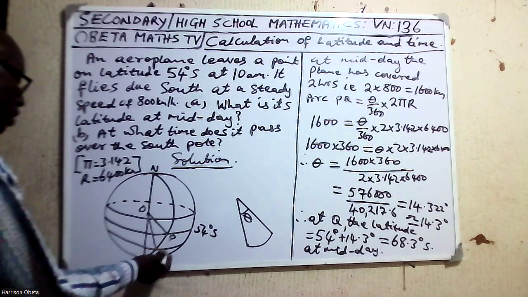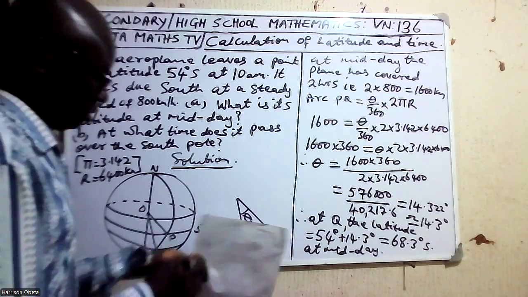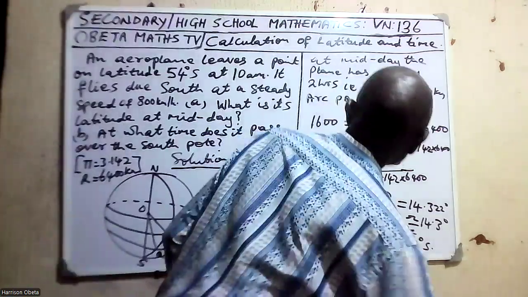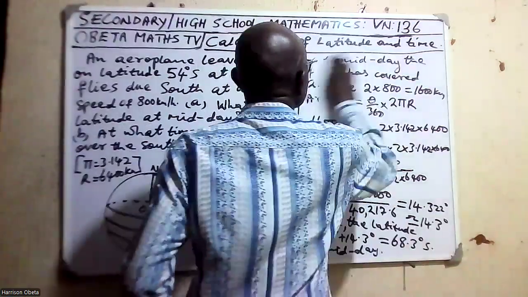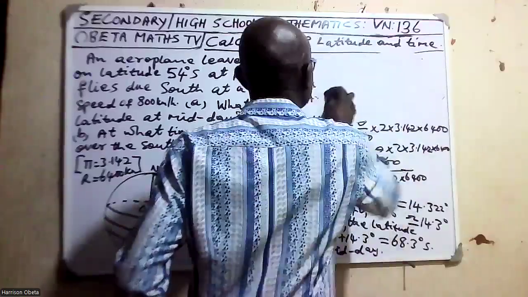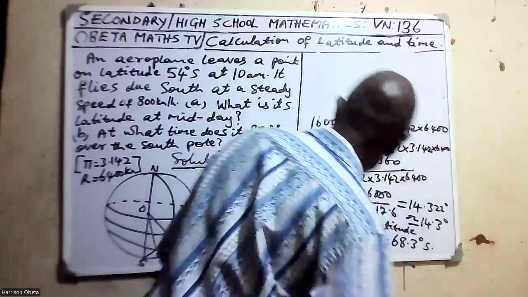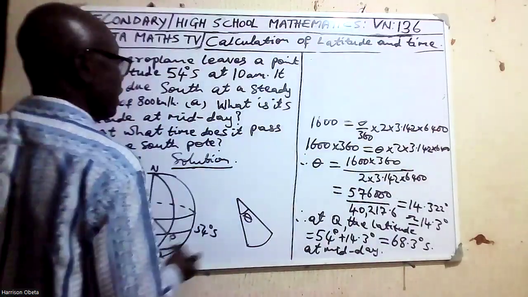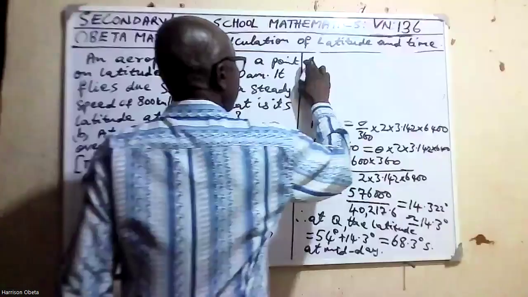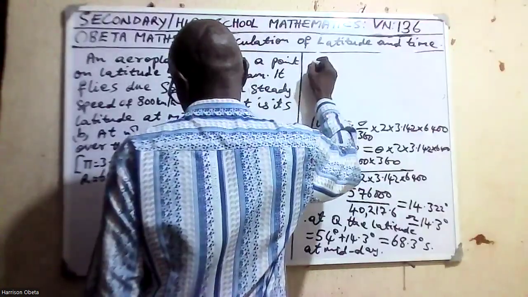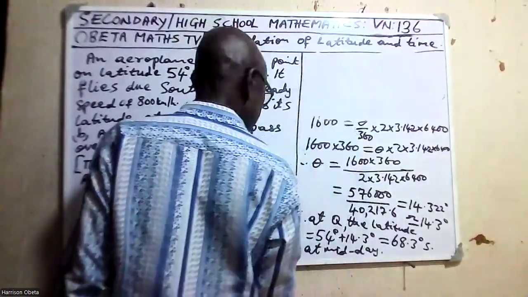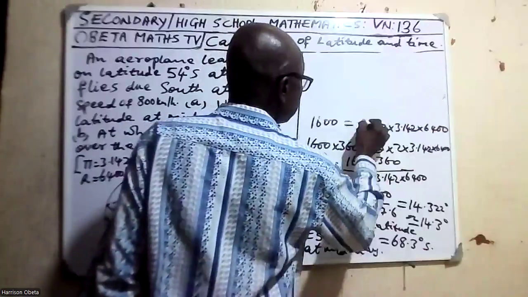So for it to pass through, we have to find the distance first. So we have PS, so we know the angular difference, let's call it theta 1.